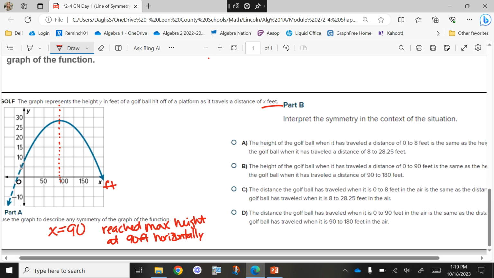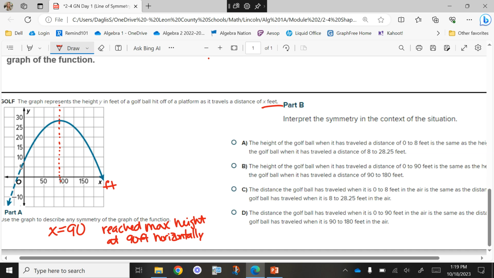All right, so which one of these are we going to check off for interpreting? Because we kind of did it already. Which one of those matches what we were trying to say? Hold on, let's go through each one.